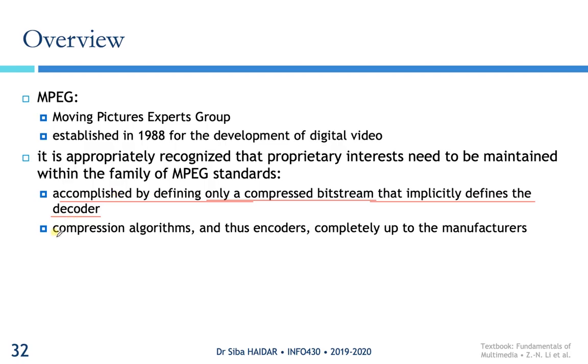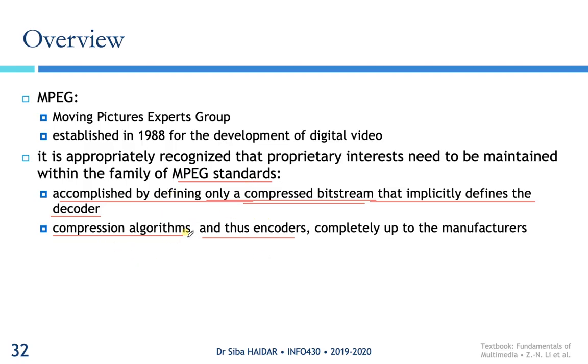The compression algorithm itself, the MPEG does not define, and thus the encoder it does not define. But since you define the compressed bit stream, you are obliged to do certain things in a certain way to obtain this compressed bit stream.